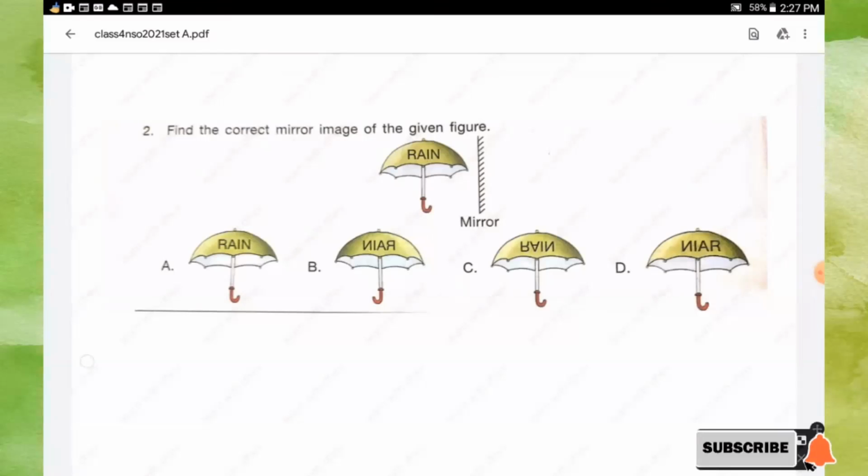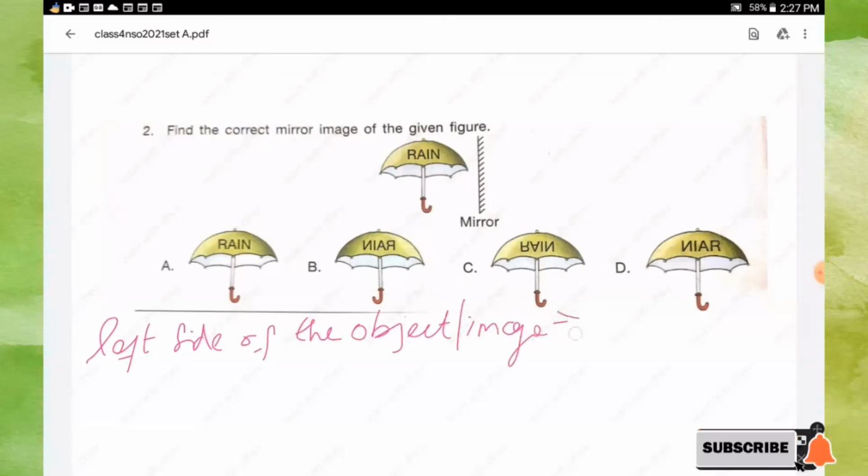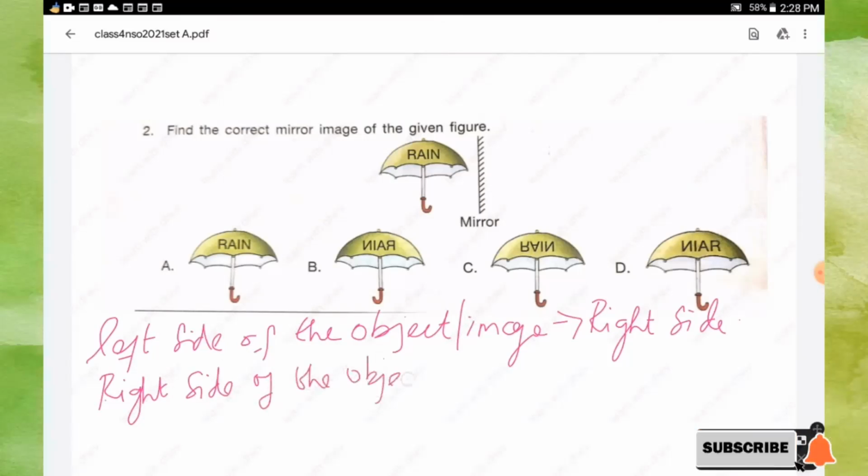The first one is the left side of the object or image or shape becomes right side, and the same way, the right side of the object or shape or image becomes left side.